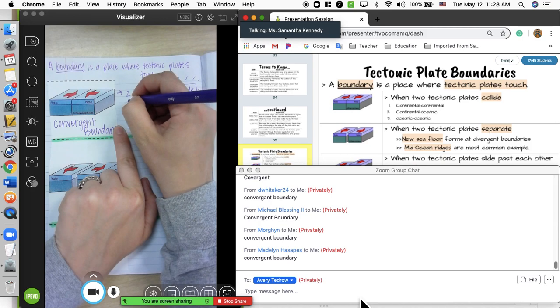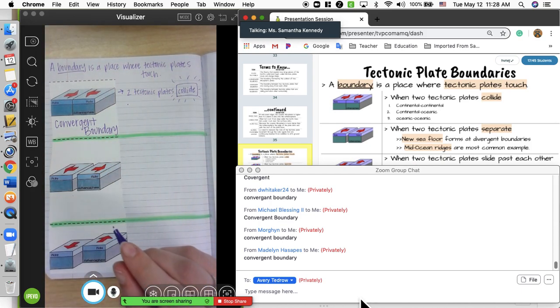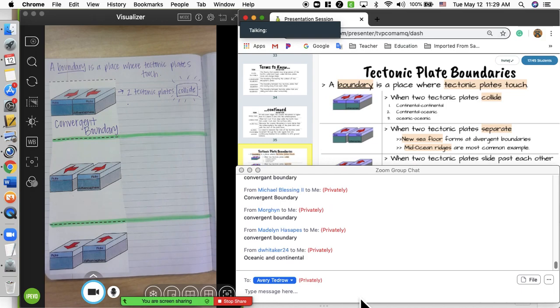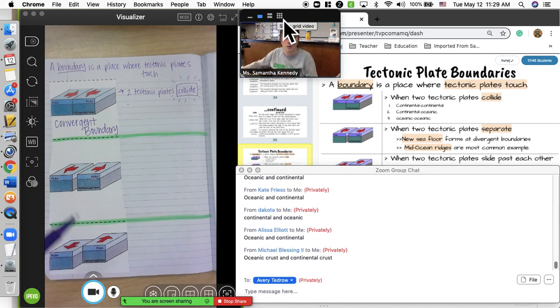There are three different types of convergent boundaries, and it all has to do with the crust. Okay? Remind me in the chat, what are the two different types of crust? Very good.